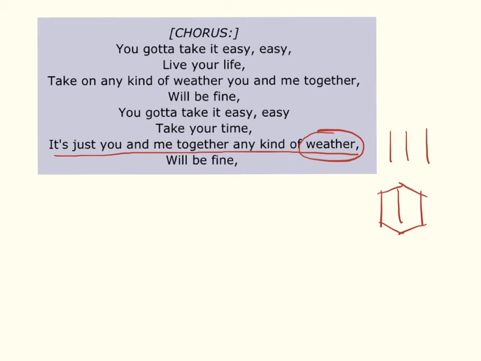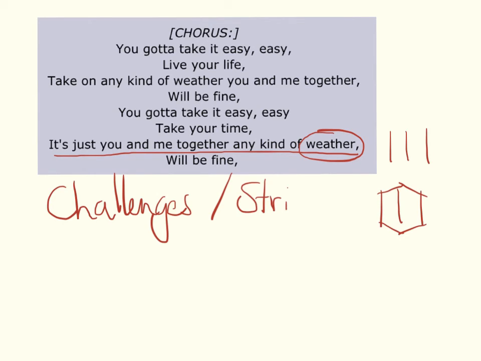So what he's saying is that no matter what, he and the other person will be fine, no matter what kind of weather there is. I don't mean weather in the general sense, he is actually talking about any challenges, any kinds of strife that might occur. If you've heard someone say you're a bit under the weather, which means you're not very well, so it's a challenge.